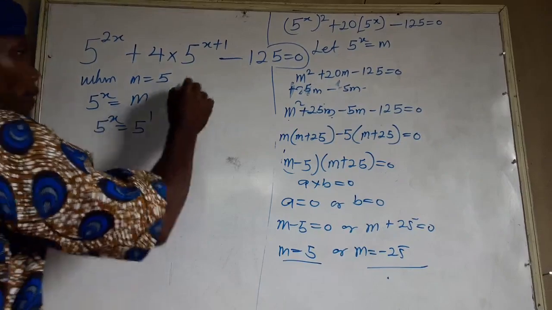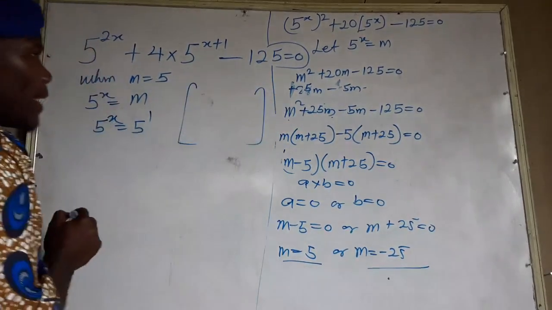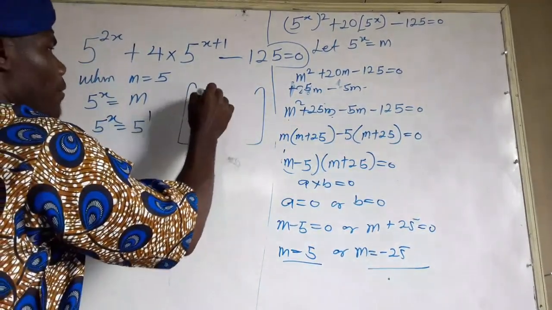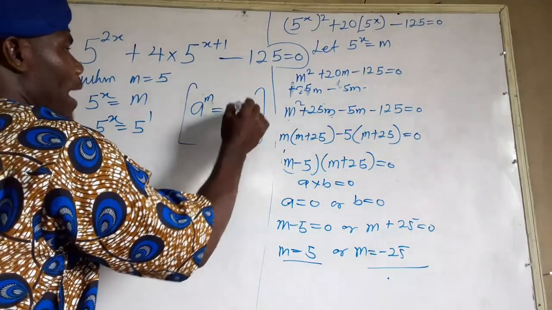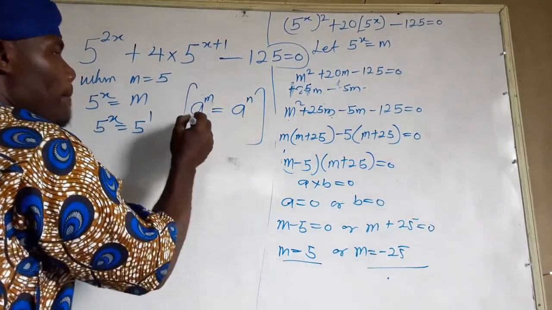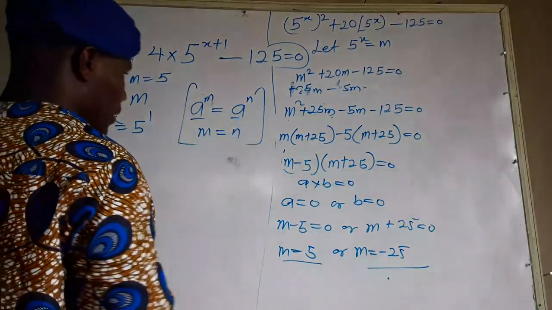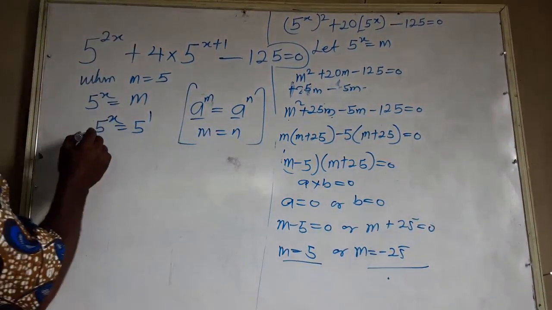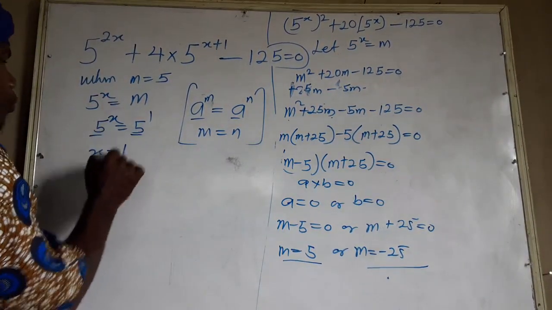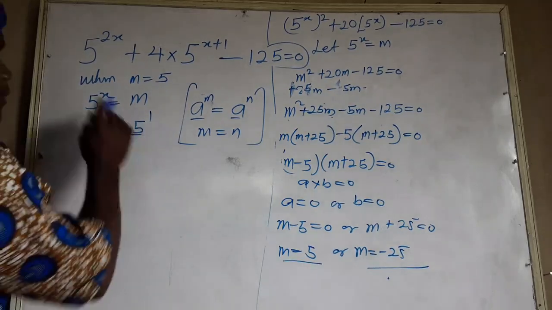There is another law of indices that you have to consider: if a raised to power m is equal to a raised to power n, because they have the same base, m is equal to n. So therefore, since they have the same base, x is equal to 1. That is when m is equal to 5.